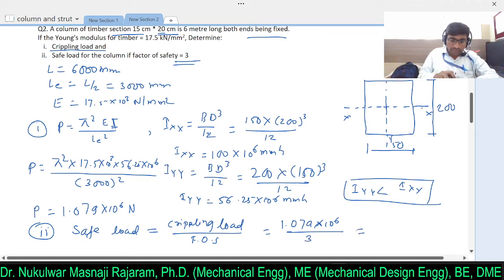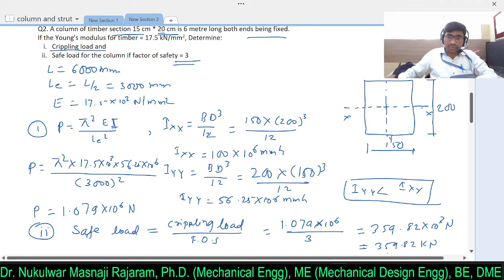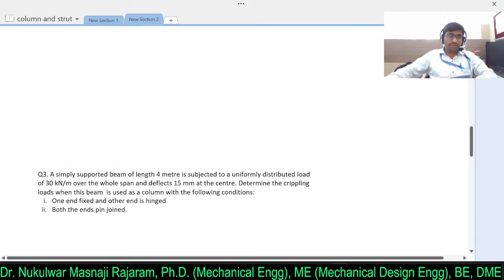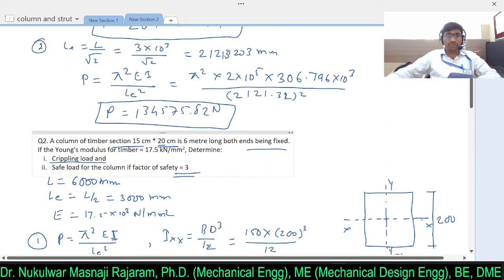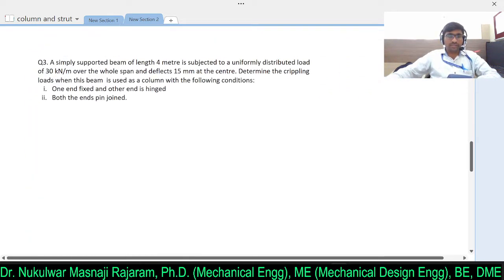So if I divide it by 3, it will be near about 359.82 into 10 raised to 3 Newton. Clear? Or we can say it is 359.82 kilo Newton. So this is the safe load for that column. Simple. I hope you have understood the numerical. Now these two were the simple numericals. Let's come to the next one.